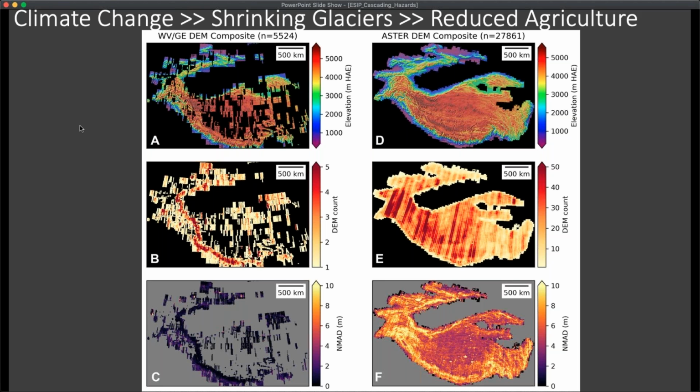And then at the bottom, you can see the uncertainty metrics that we can observe. So the point of this slide is that with these two data sets, we were able to get a lot of coverage, and the Worldview data was much higher quality in terms of vertical accuracy, but we were also able to combine the higher repeats with Aster.